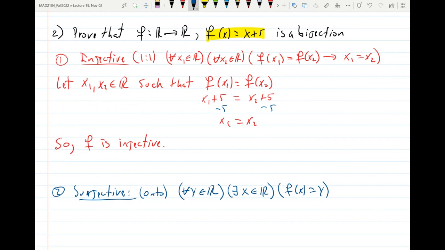So how do you prove something like this? You need to start with an arbitrary element here, and then construct an element that satisfies this condition. Right? So you need to show that for any element in this set, you can find such an element in this set, which happens to be the same in this case.